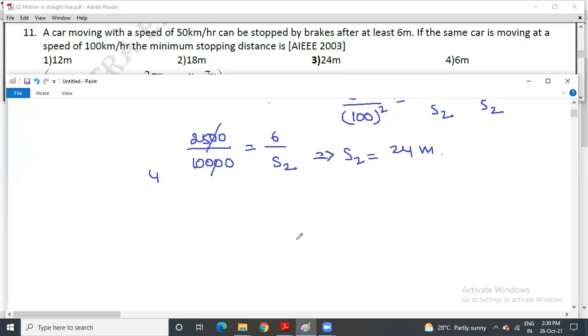Without maintaining the safe distance from the vehicle in front, we cannot predict what is going to happen to that vehicle. Maybe it suddenly slowed down or suddenly stopped. So the vehicle at the back must maintain a safe distance, because when you increase the speed, the safe distance must be increased.